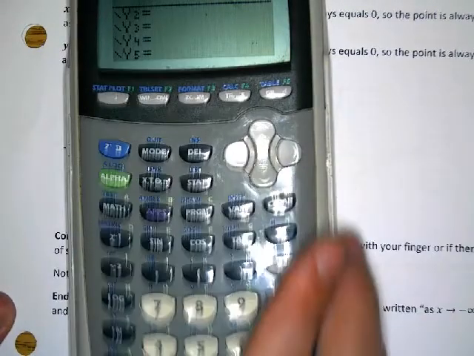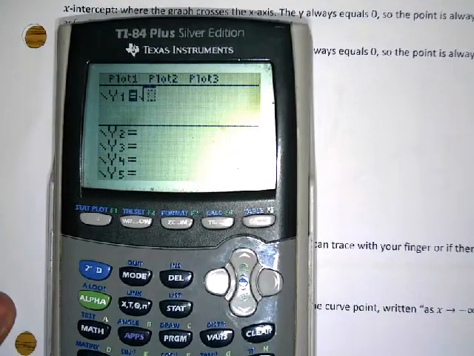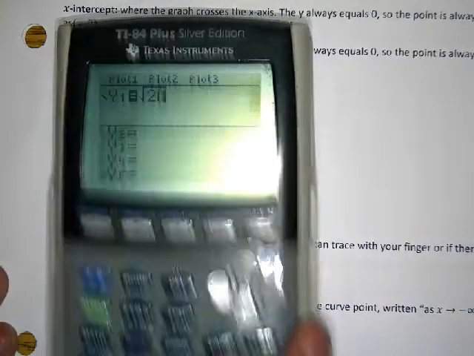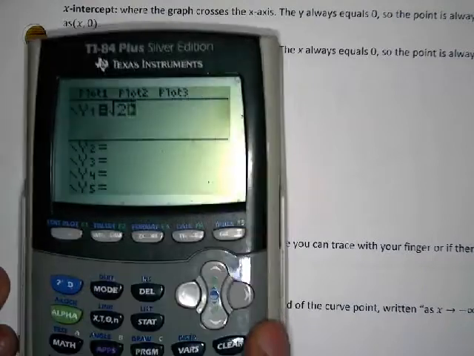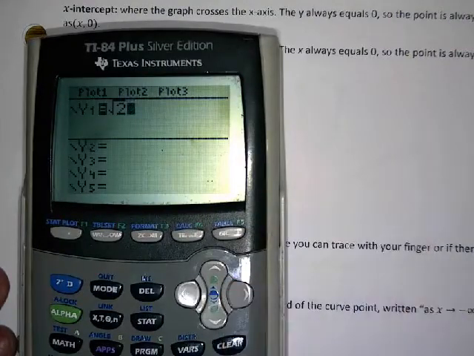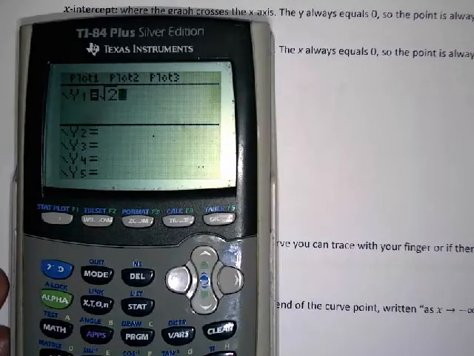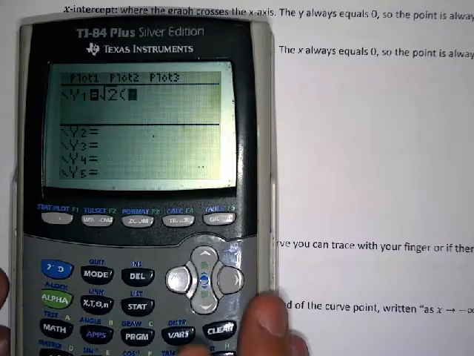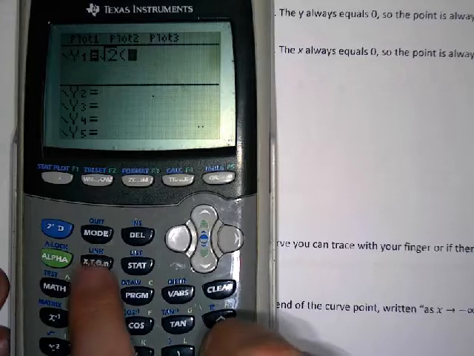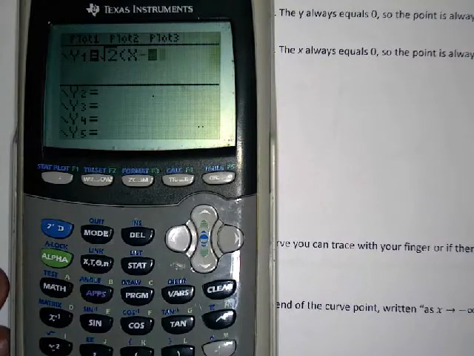So there's the square root of 2. And then I want (x minus 1) squared. So x minus 1 in parentheses. My parentheses are above my 8 and my 9. And here's my x button. x minus 1 squared. And then I need a minus 8.